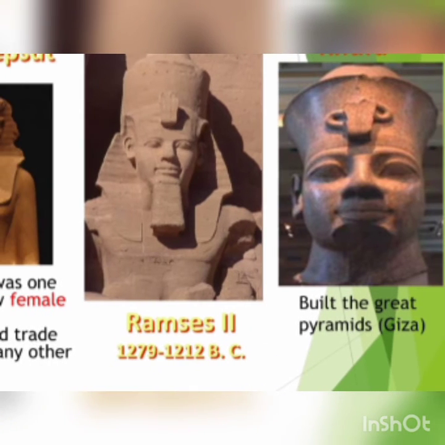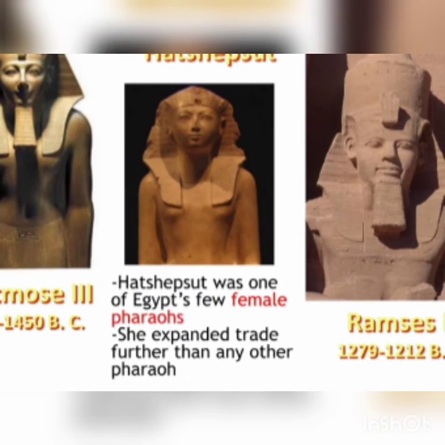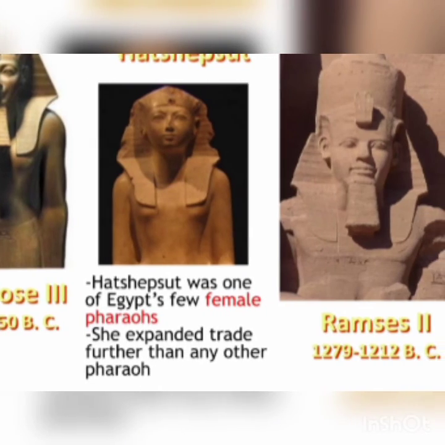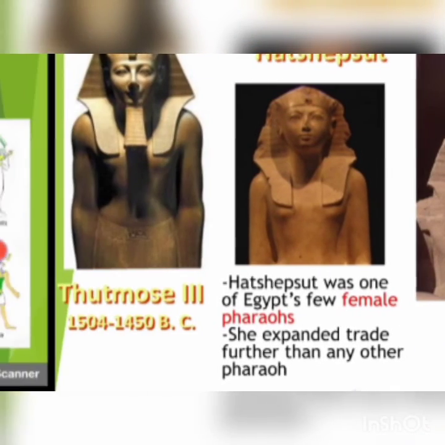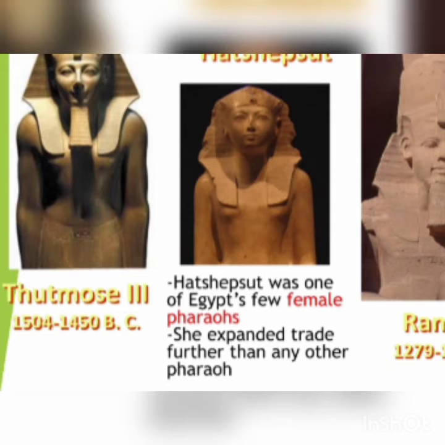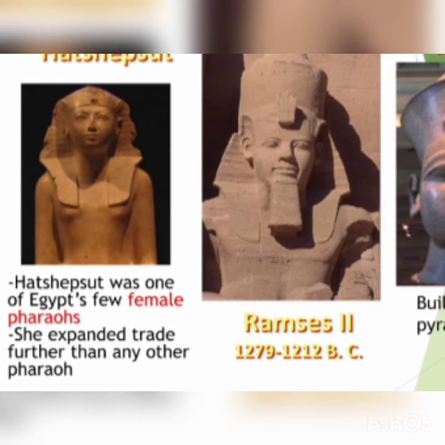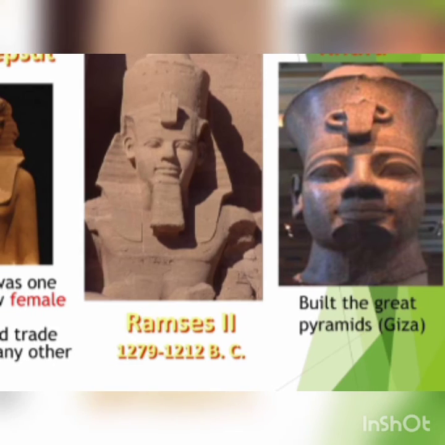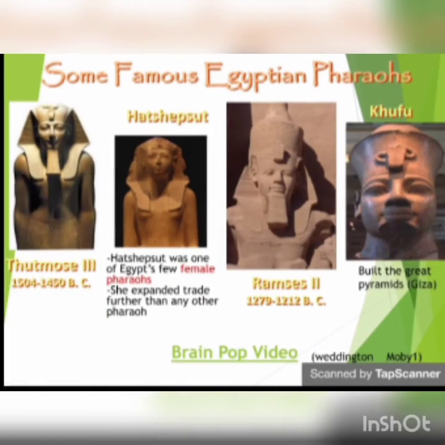And the Pharaoh Khufu was the person who made the great pyramids in Giza. So these were some famous Egyptian pharaohs: Thutmose III, then Hatshepsut, then Ramses II, and Khufu. Okay.